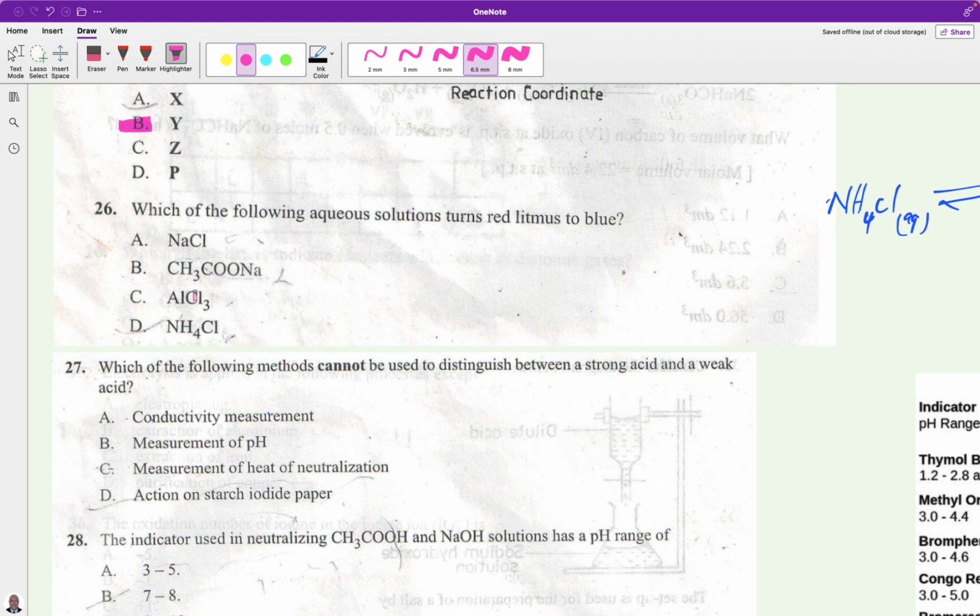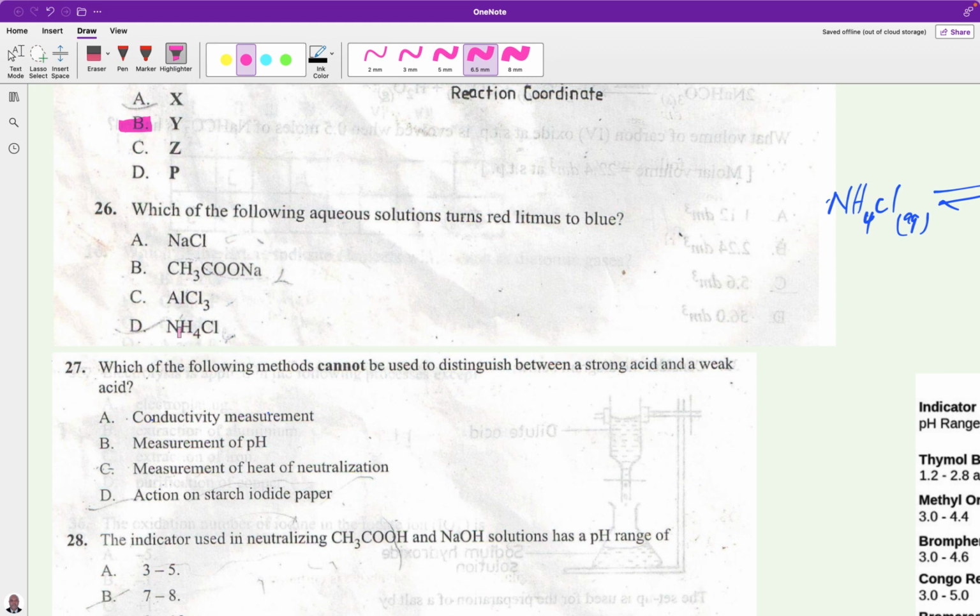Which of these? In solution, this will not do that. In solution, sodium ethanoate will not do that. In solution, aluminum chloride will not do that. The only aqueous solution that will do it will be ammonium chloride.